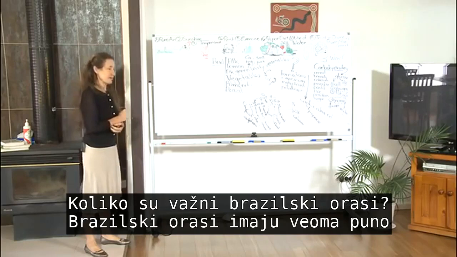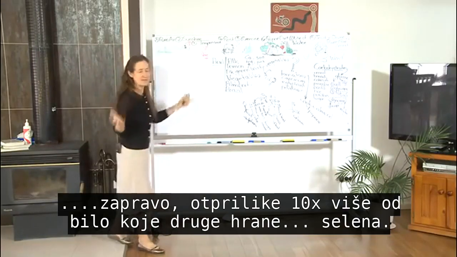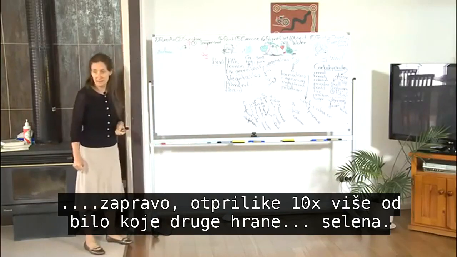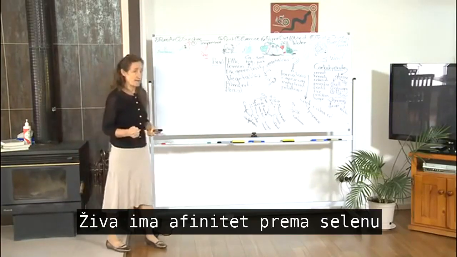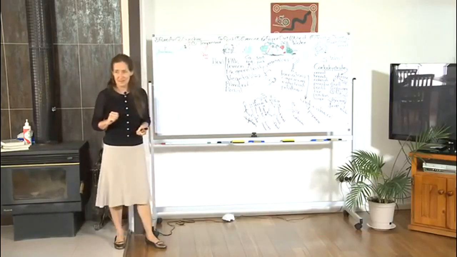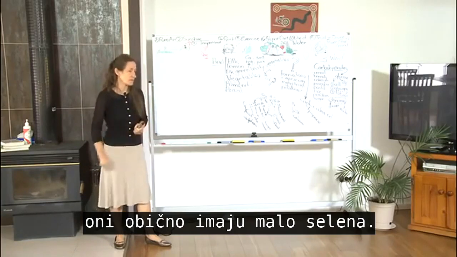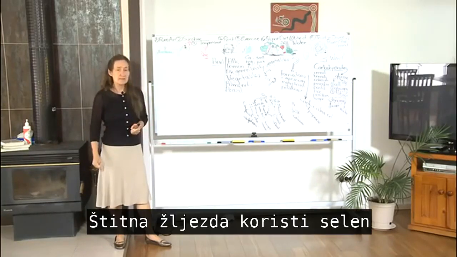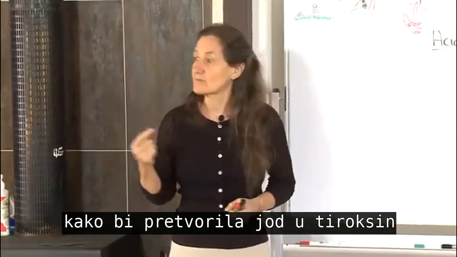How important are Brazil nuts? Brazil nuts are very high, in fact about 10 times higher than any other food, in selenium. Selenium is a very important mineral in the body, and mercury has an affinity for selenium. So when people have mercury fillings in their mouth, they're usually low in selenium. Selenium is used by the thyroid gland to convert iodine into thyroxine.